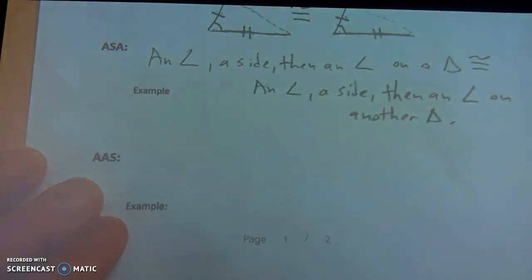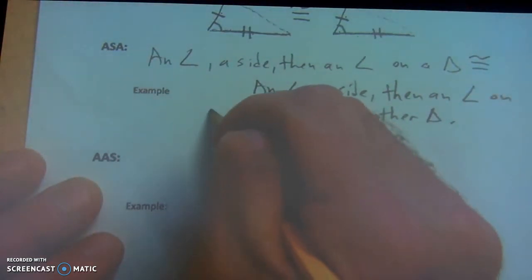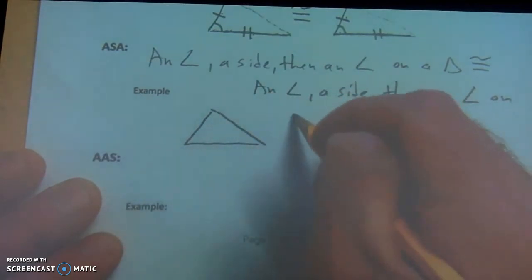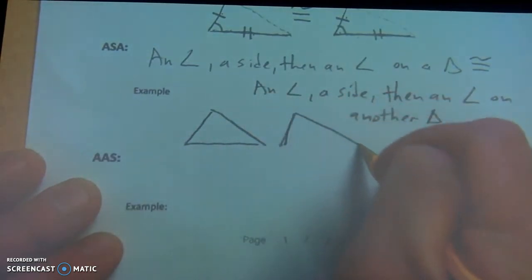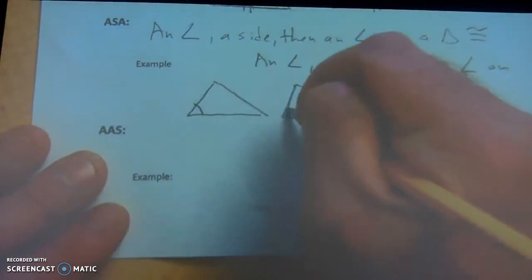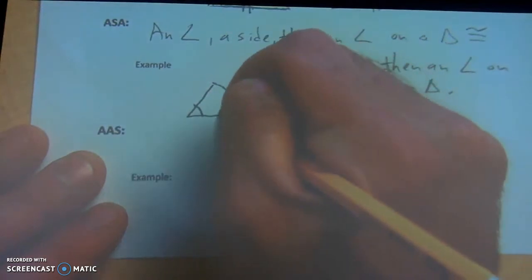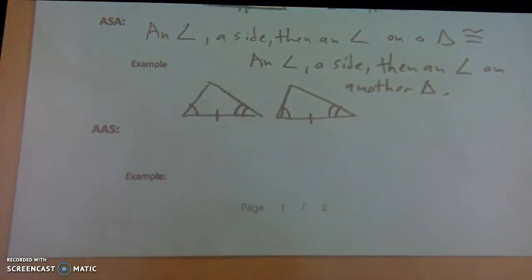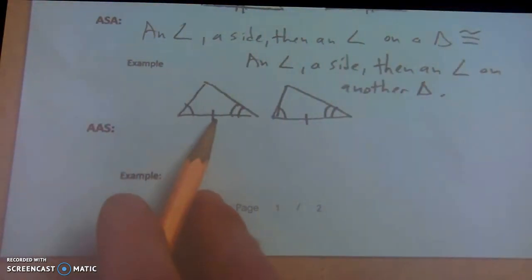Okay, here's a picture. Let's just draw the whole triangle here to start. Okay, I'm going to have an angle the same, then a side the same, and then another angle the same. I'll double mark that one. Okay, notice the order. Angle, then a side, then an angle.